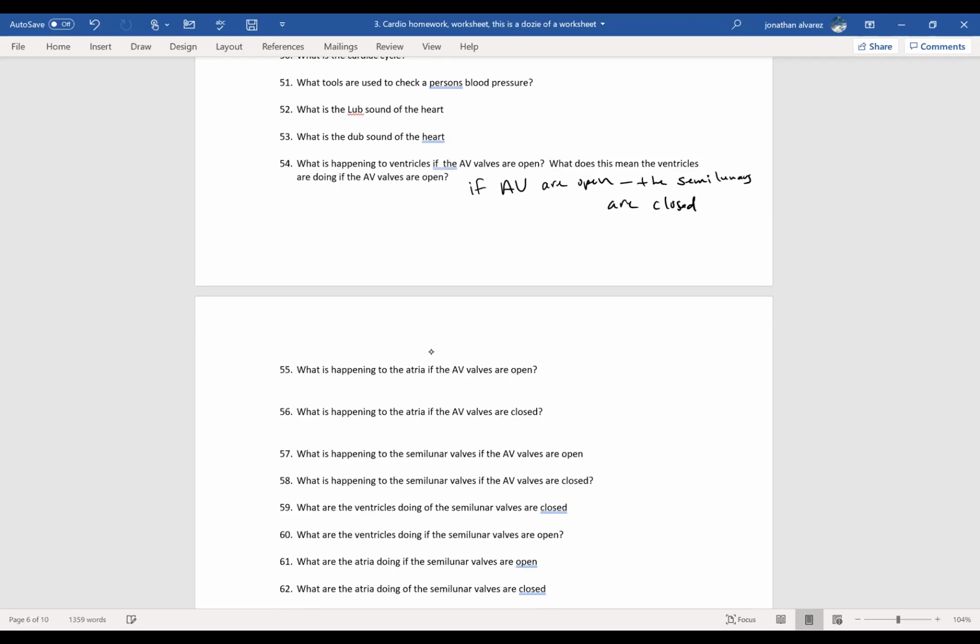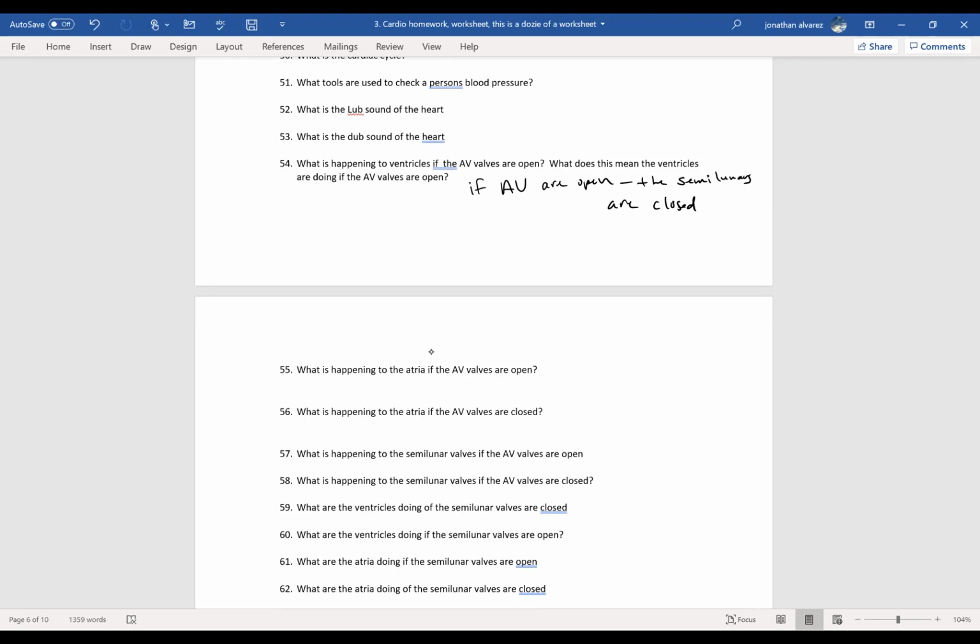Always. And these are always opposite. You're just going to have to trust the formula.